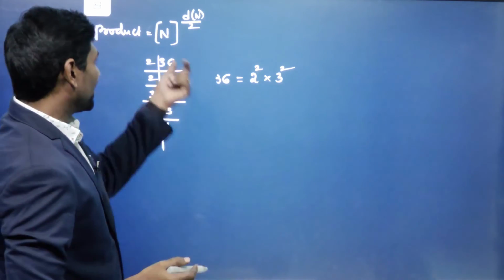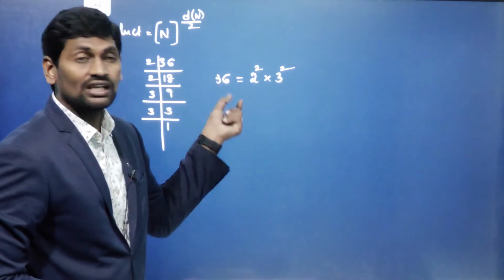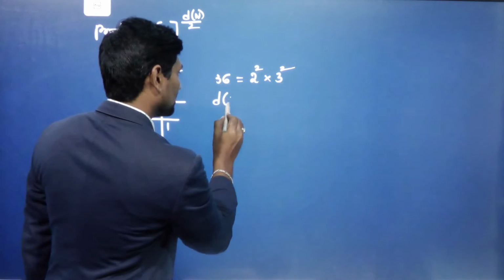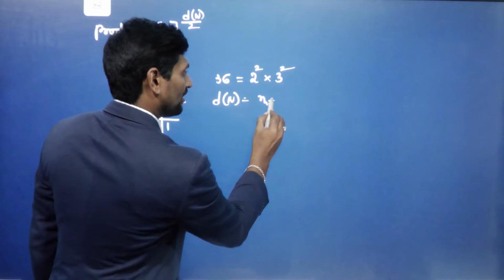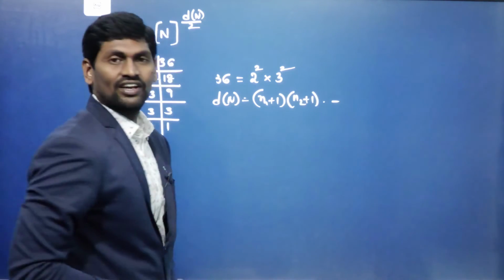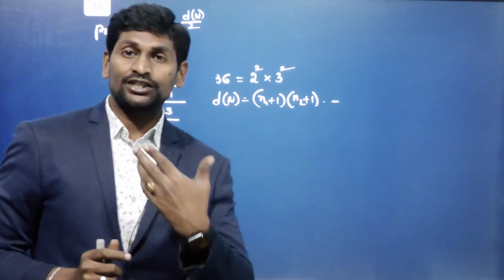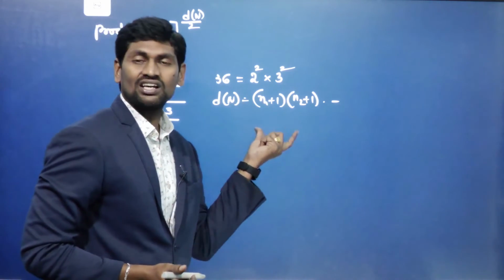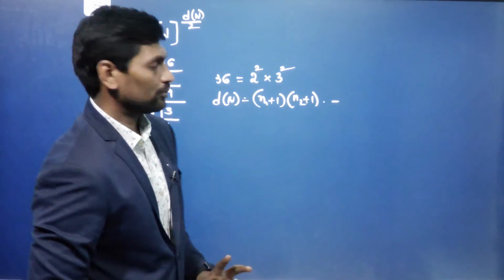But according to the formula, what do we have to find first? Number of divisors. How to find the number of divisors? We know the formula, n1 plus 1 into n2 plus 1 and so on, where n1, n2 are exponents of the prime numbers. First prime number exponent n1, second prime number exponent is n2.